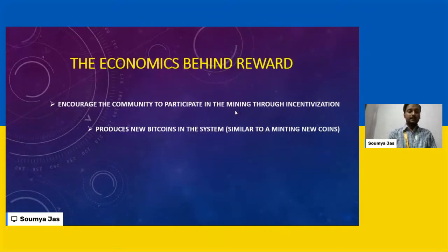That means although there is no control over the governing of Bitcoins or over this mining procedure, still it is a successful network, a successful financial network.